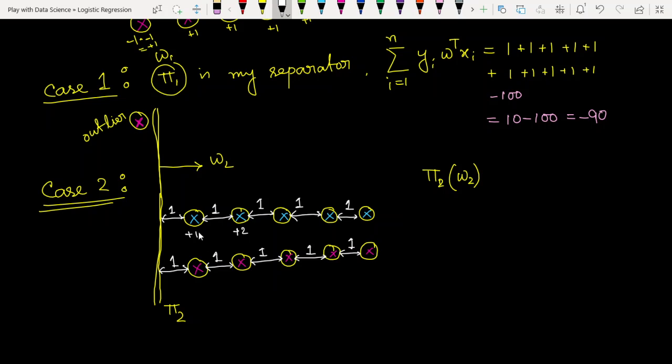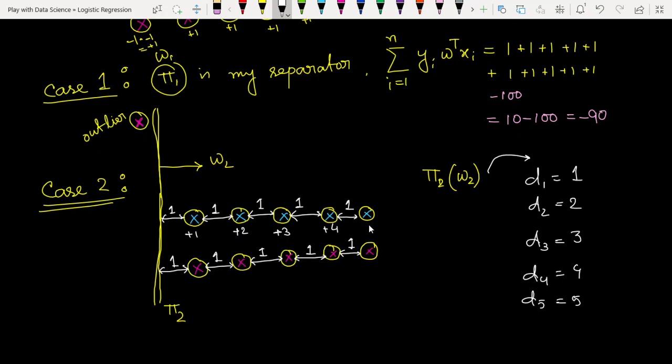So for case 2, d1 is equal to 1, d2 is equal to 2, d3 is 3, d4 is 4, d5 is 5. Since the positive points are correctly classified, they will be positive: +2, +3, +4, +5.